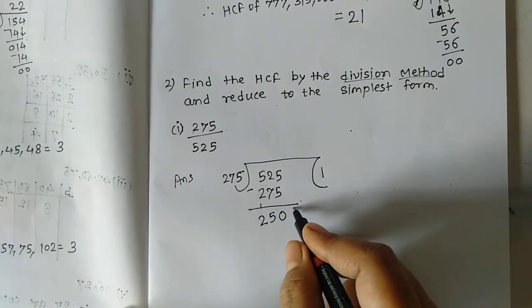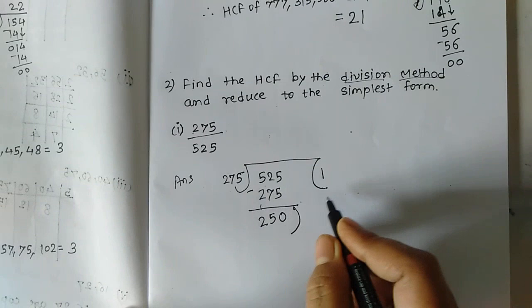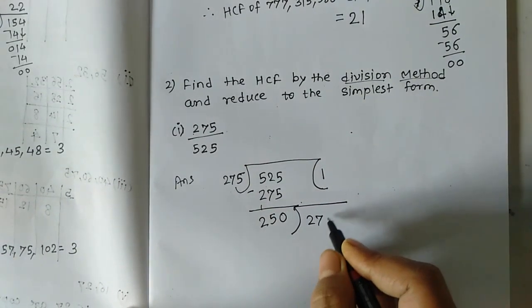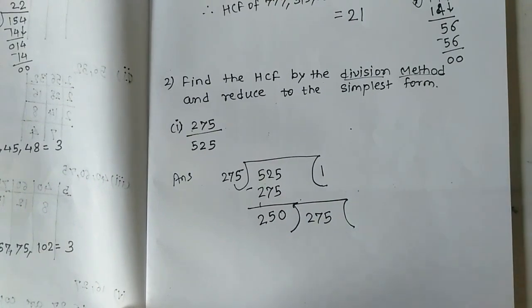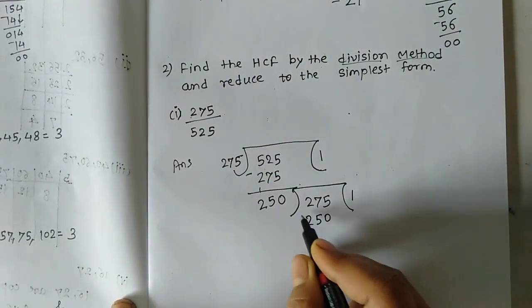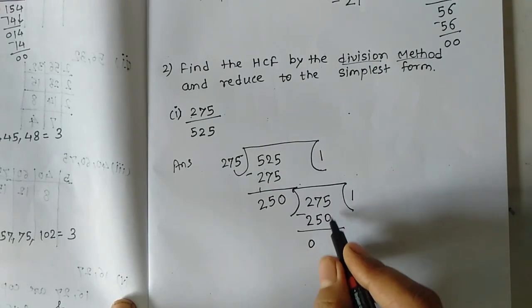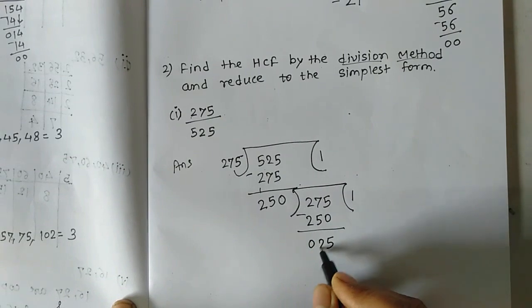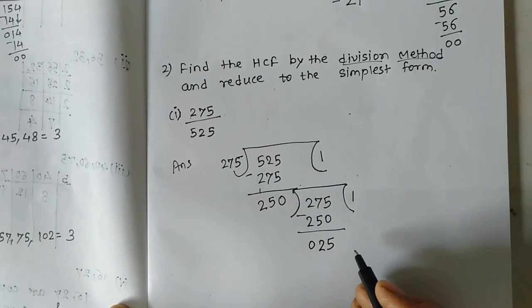Now 250 becomes the divisor for 275. 250 ones are 250. Subtraction: 5 minus 0 is 5, 7 minus 5 is 2, 2 minus 2 is 0.